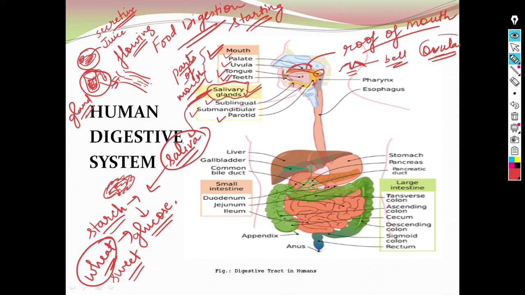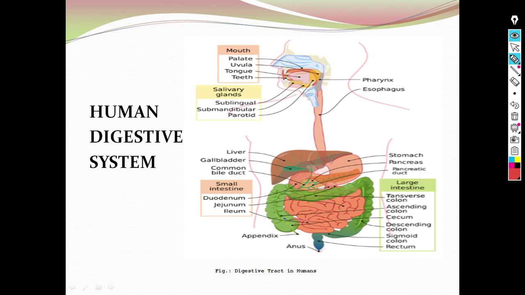So that is why it gives you a sweet taste. And we know that glucose is sweet in taste. So this is the action of saliva, or you can say this is the first digestion which is taking place inside the human body. It is taking place inside the mouth.